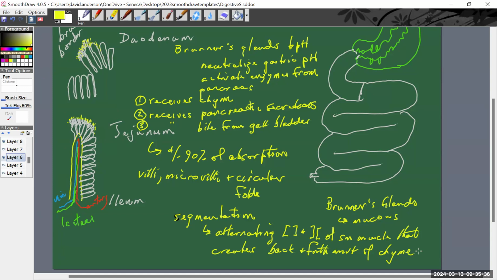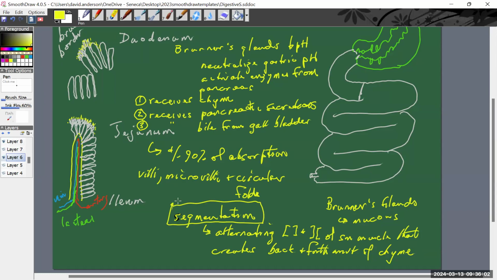So our bolus of food is going to be propelled downward, peristalsis, and then kind of stops and is driven backwards, and then forwards and backwards and forwards. That's what segmentation is referring to. And that's a contraction cycle that's unique to the small intestine, in particular, the jejunum.